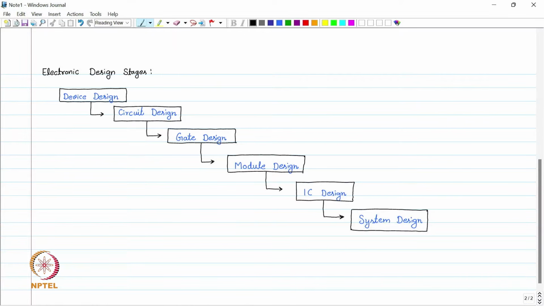So these are the 6 design stages which are very typical to any electronic industry or any system design application.